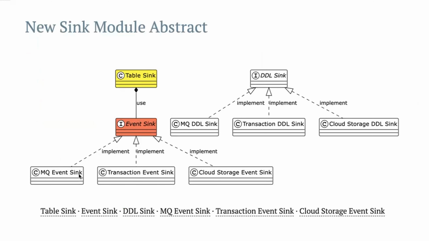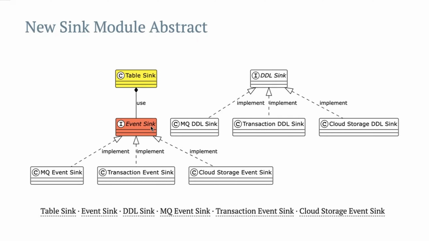We have an MQ event sync, I mean a message queue event sync, for example, Kafka. The transaction event sync, where you can write the data to TiDB or MySQL. At the same time, we got a new thing called the cloud storage event sync. You can write the data to S3 or other cloud storage services.